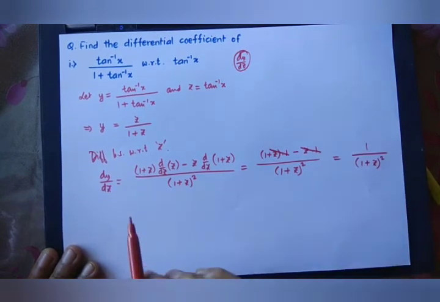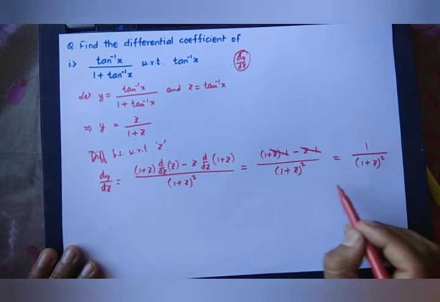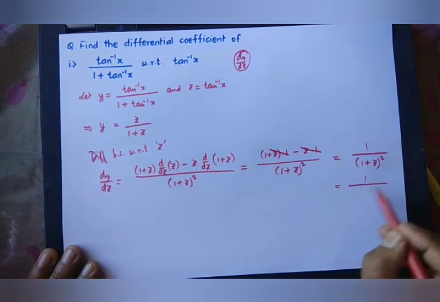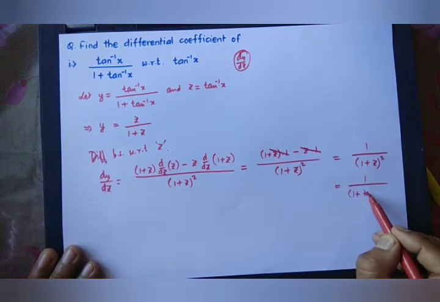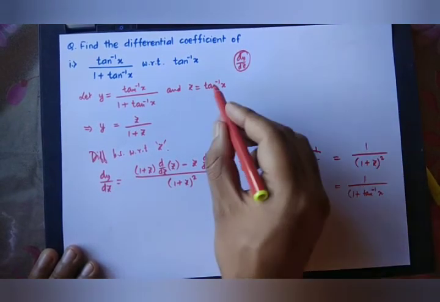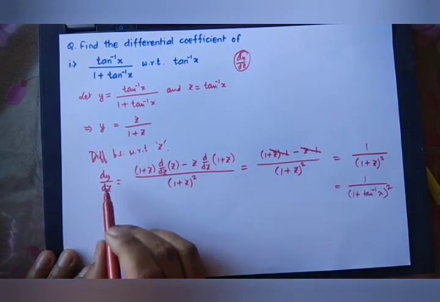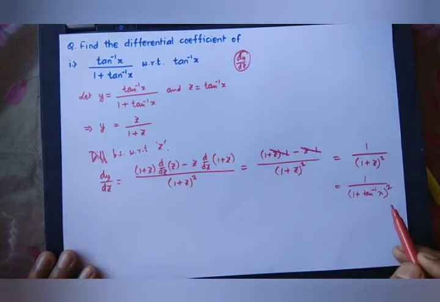Okay, now ultimately what we do is substitute the value of z, which is tan inverse x. So this is equal to 1 by 1 plus tan inverse x whole square, because z is tan inverse x. So therefore we found our dy by dz, which is equal to this much.